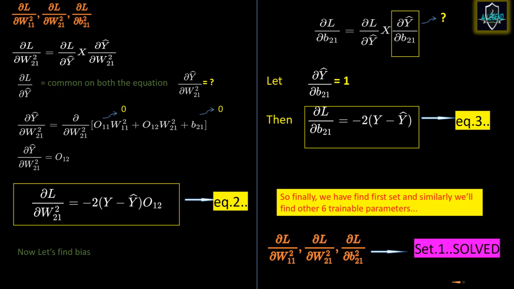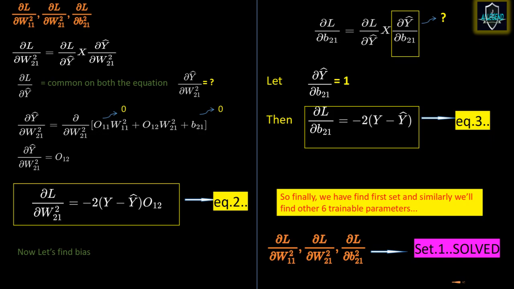Now del y hat over del W2 to 1 is equal to del over del W2 to 1 of the expression inside the square bracket: O11 multiplied by W211 plus O12 multiplied by W221 plus B21, that is our bias. So what is the resultant?